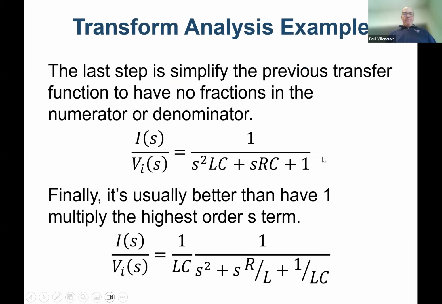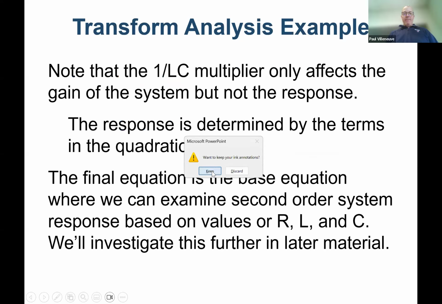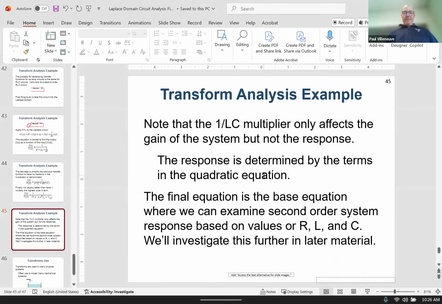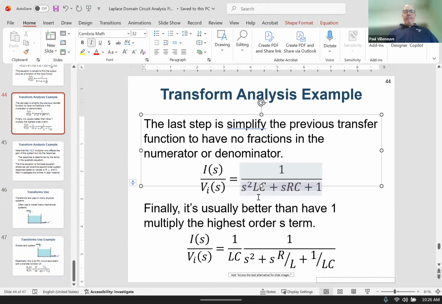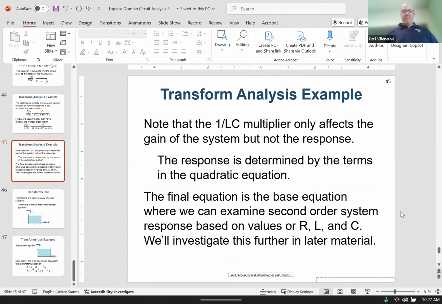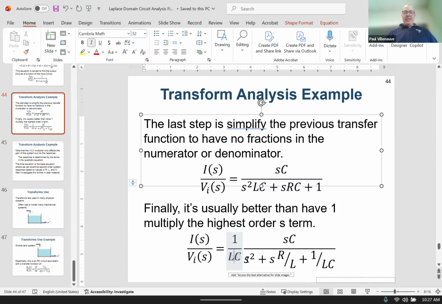So I have 1 over SC, and so I multiply everything by SC, so I have to put S times C up over here, and I have an S times C over here, which means that that will cancel out.